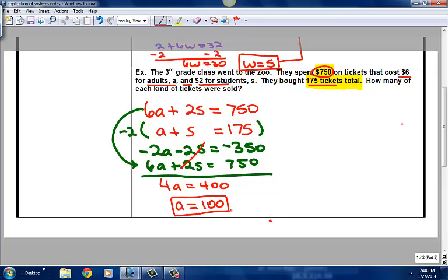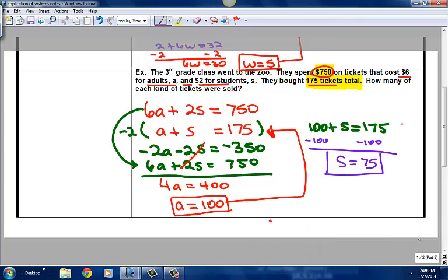Now remember, once you got that, you can go back and plug it in wherever it's easiest to figure out the rest. So there you go. I just went back and plugged it into the simple equation right there. And when I did the math and moved that 100 over, I found that there were 75 student tickets. Next problem.